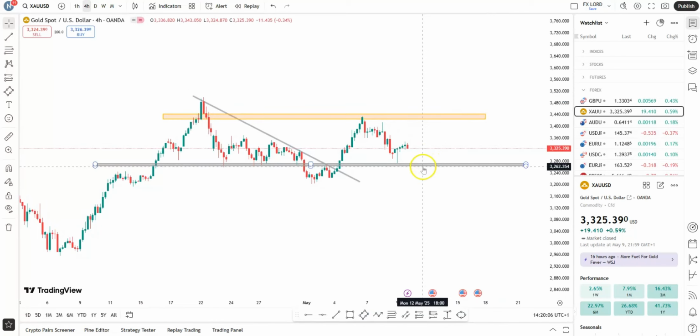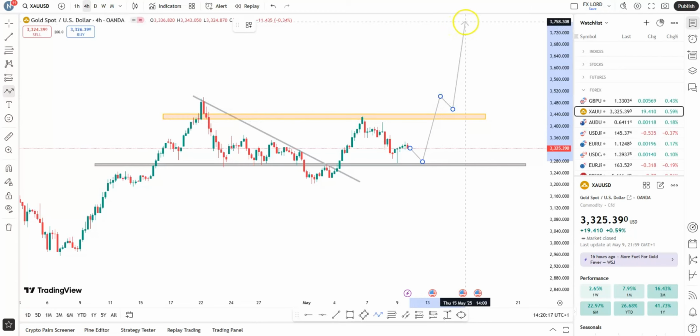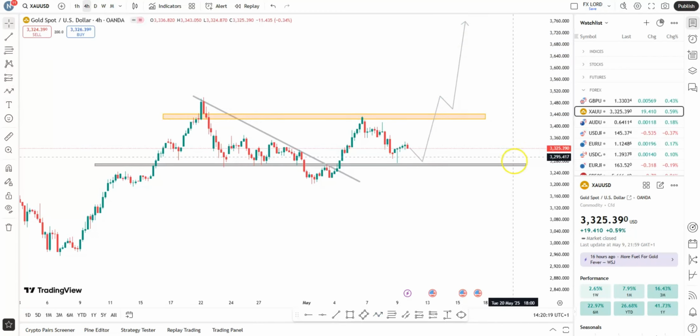I want XAU USD to come back here, come in to retest this level, break out, and oops, we head back to the upside.